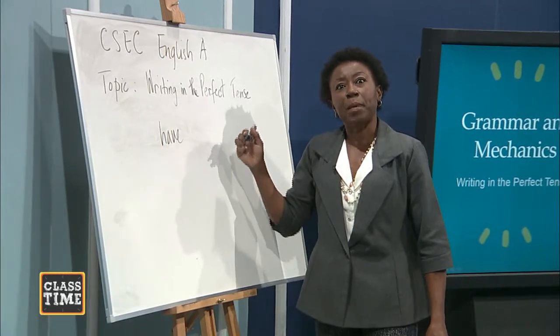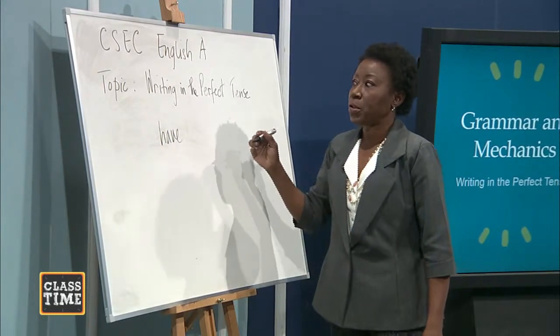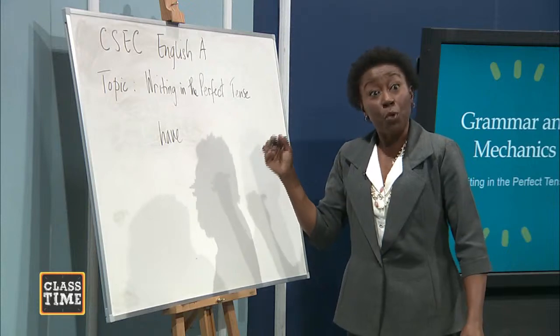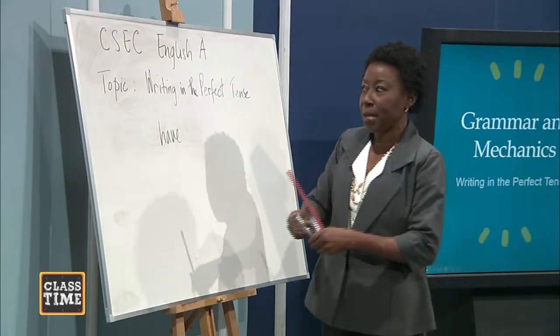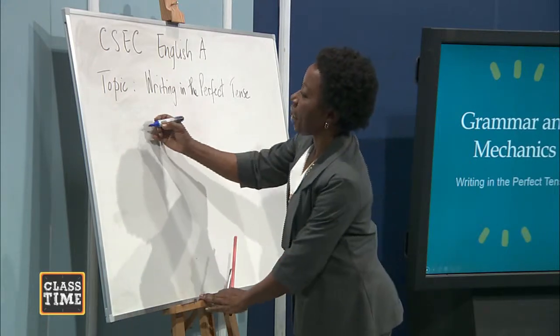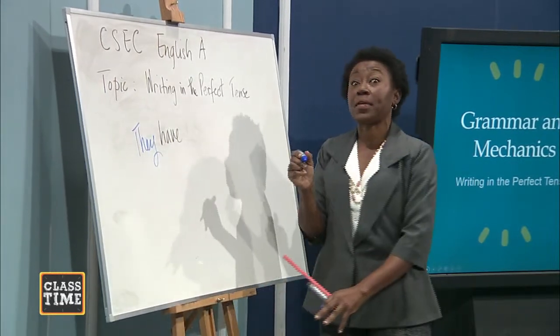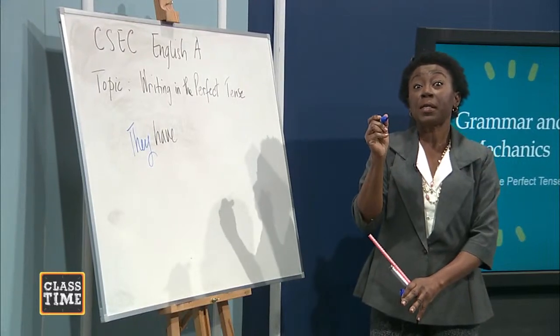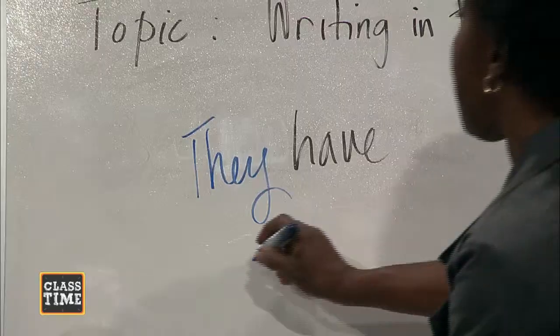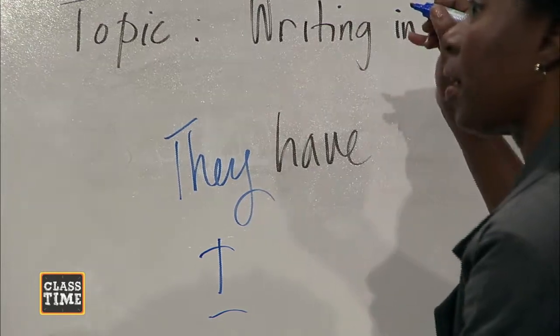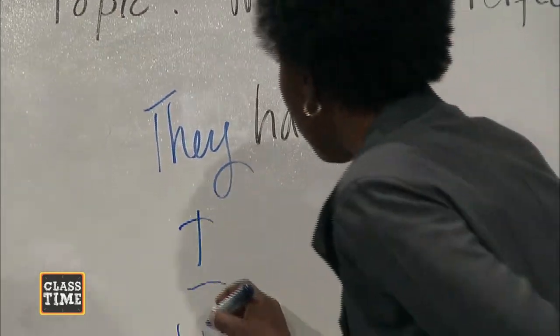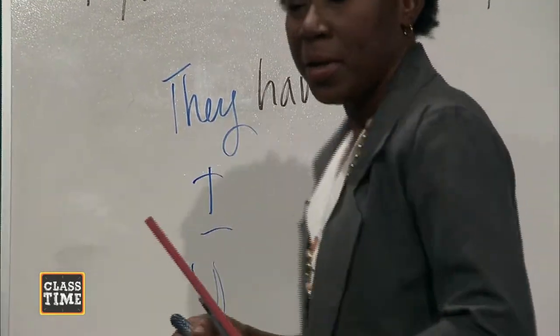There is something special about have, because you would use the plural subject. For example, you will say they have. They have. But I also say I have and you have.